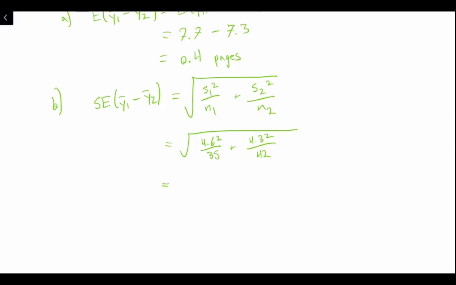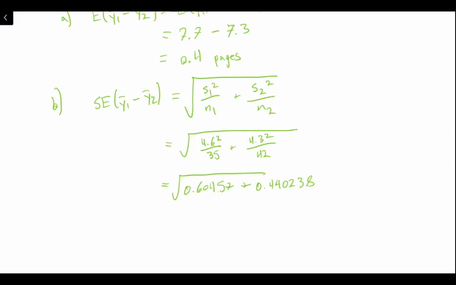So 4.6 squared divided by 35 gives us 0.60457, plus 4.3 squared divided by 42 gives us 0.440238.